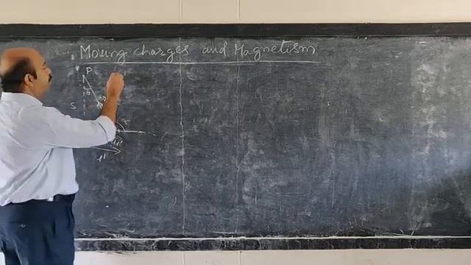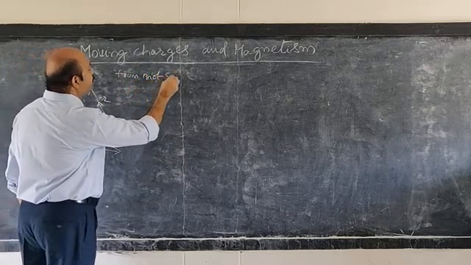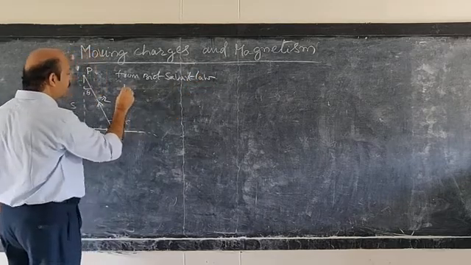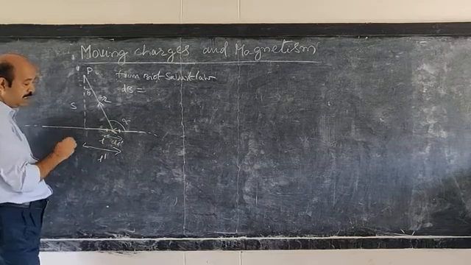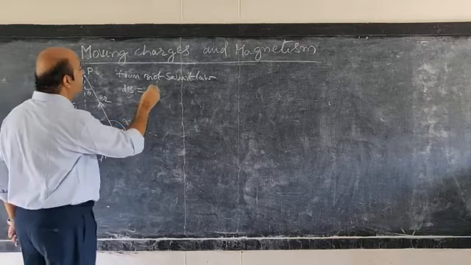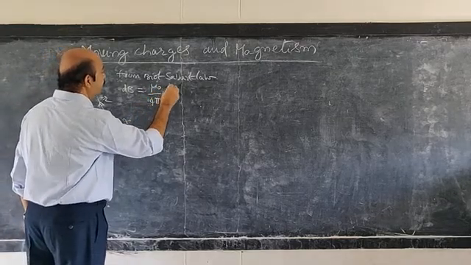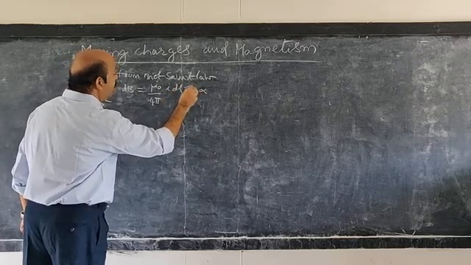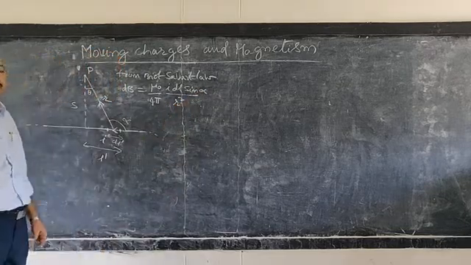Now, from the Biot-Savart law, the magnetic field produced by the current element of length dl dash carrying a steady current I is given by mu naught by 4 pi I dl sine of the angle between the position vector and current element, by square of the distance.